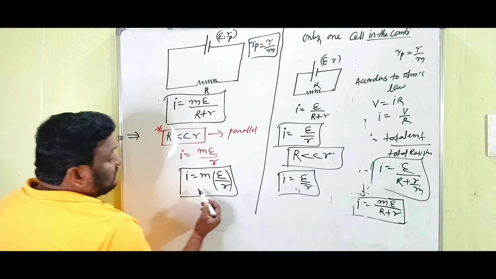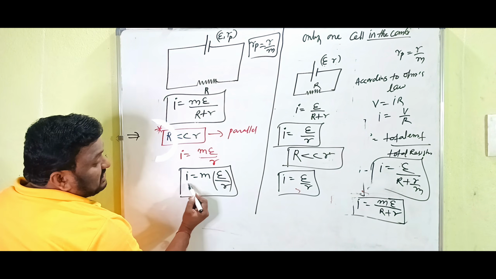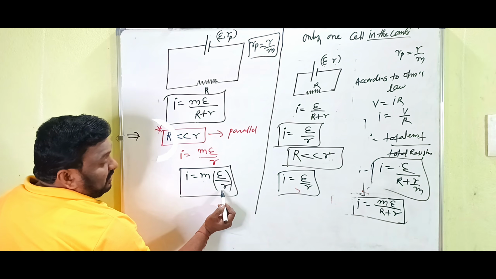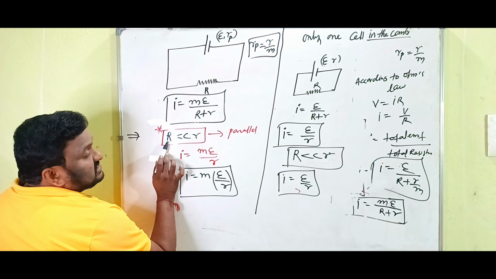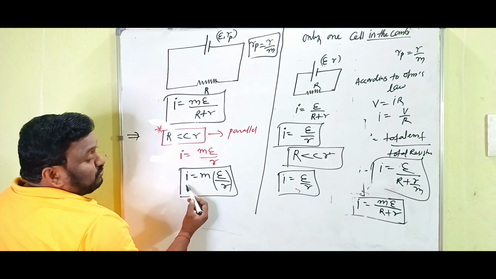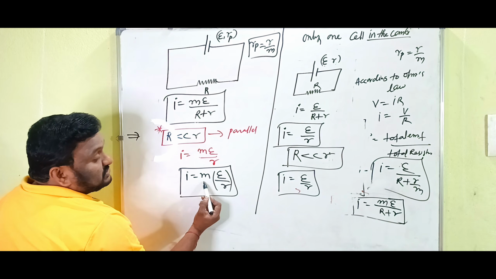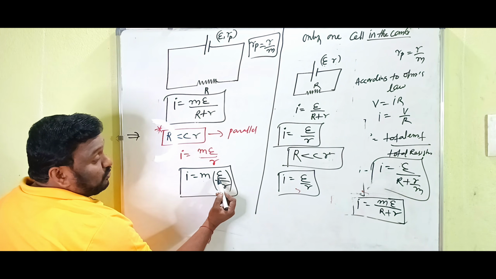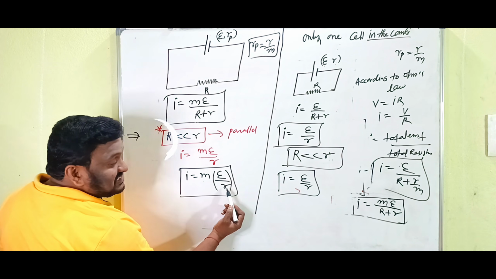That's why in the combination of the cells, I is equal to m into epsilon by r. That means when the external resistance is less than the internal resistance, the amount of current in the circuit is m times the current in a single cell.